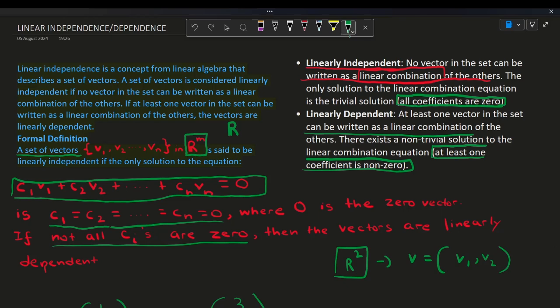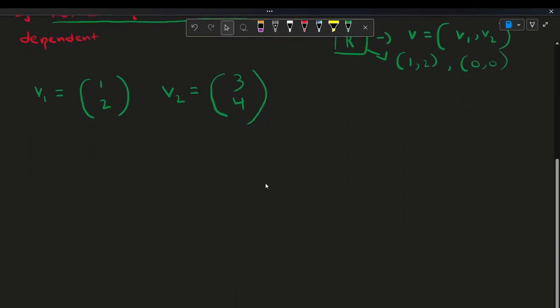Examples of vectors in R2 could be 1, comma 2, or 0, comma 0. In general, Rm is the set of vectors of real numbers of length m. So now let's go back to this question.